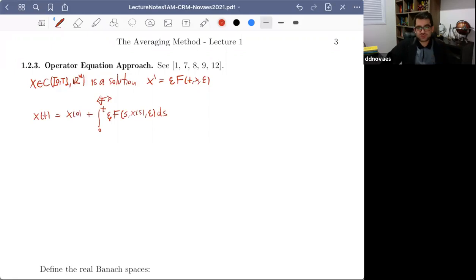This is a simple characterization of solutions of differential equations, and it is always true.